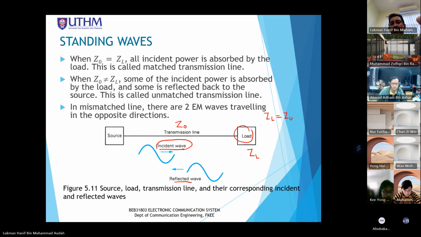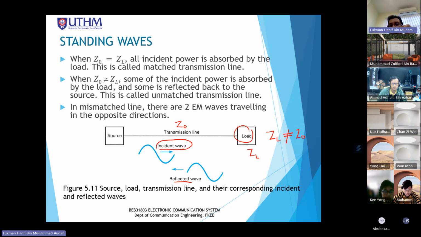Okay. And the second scenario is when the load impedance is not equal to the characteristic impedance. So what happens?